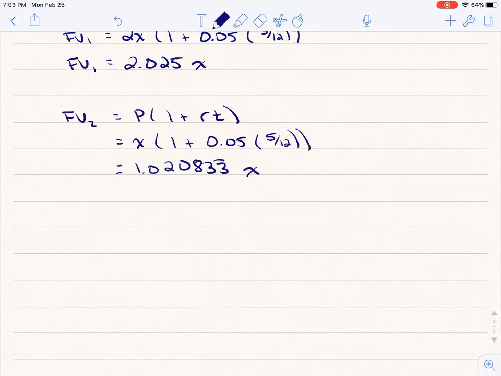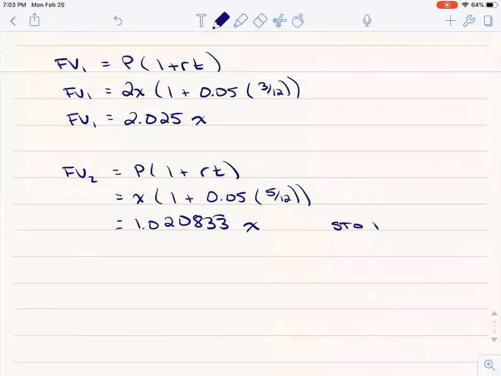I'm going to store that. So now we've got both of these future values as something times x.